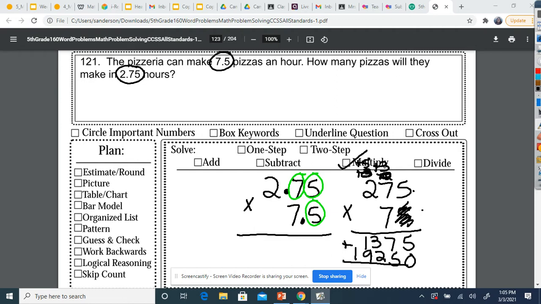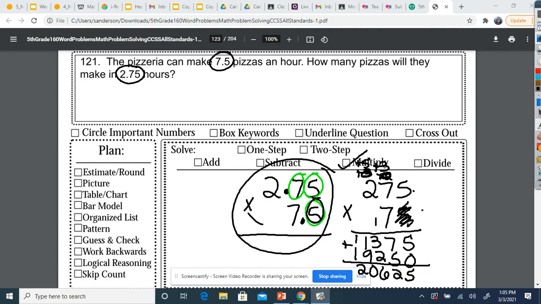And now I just need to add these up. 5 plus 0 is 5. 7 plus 5 is 12. 1 plus 3 is 4. Plus another 2 is 6. 1 plus 9 is 10. Carry my 1. 1 plus 1 is 2. So we have this number, 20625.